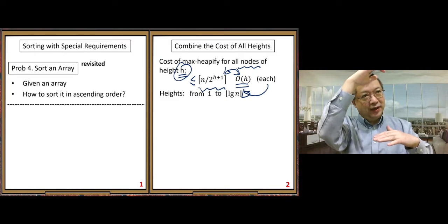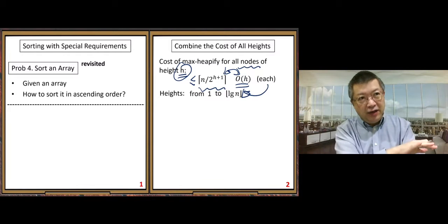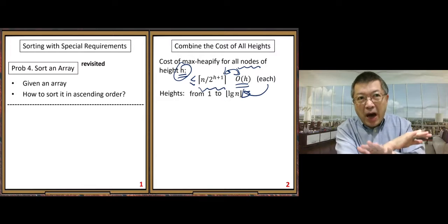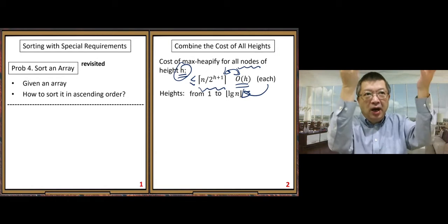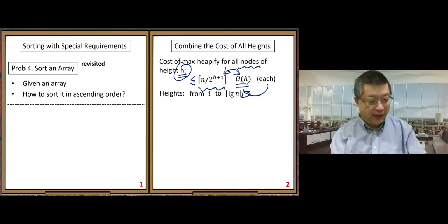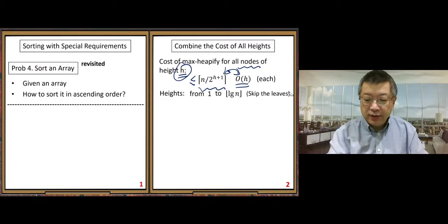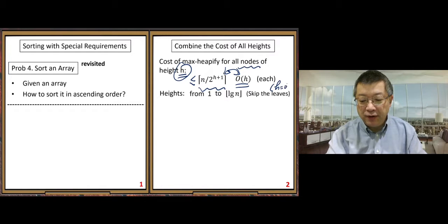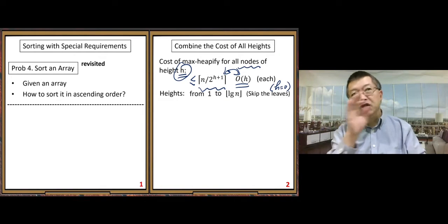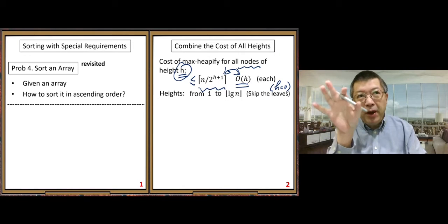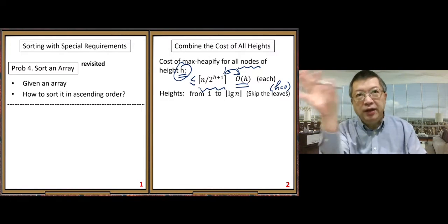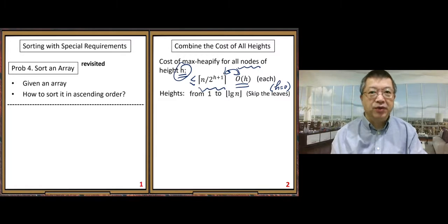The leaf has height 0, so heights run from 0 to floor of log n. We skip height 0 because that's h equals 0, the leaves. Nothing to build, no cost for the leaves. So that's the reason we can skip them.